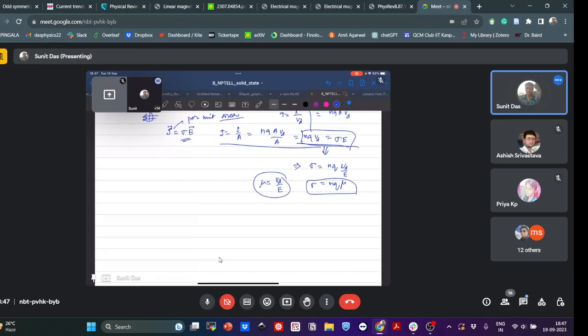Okay, so this is for one type of charge carrier. Now let's consider a conductor where electrons as well as holes carry the current.